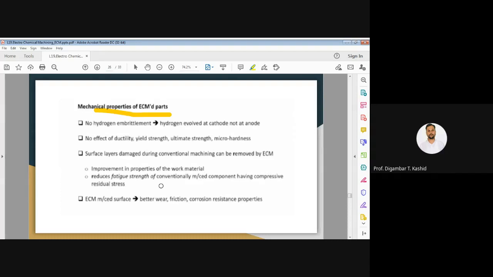But as we know, hydrogen gas is generated at the cathode surface.